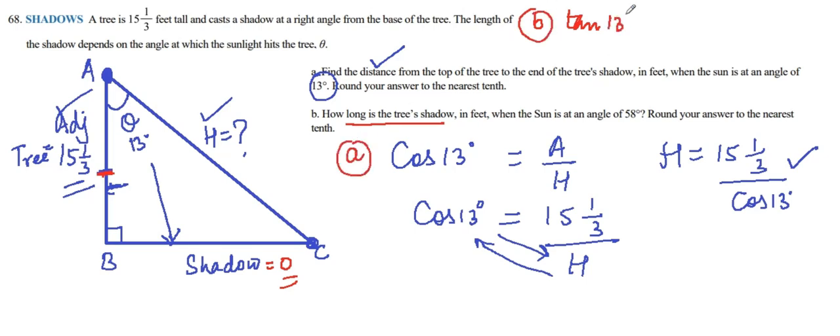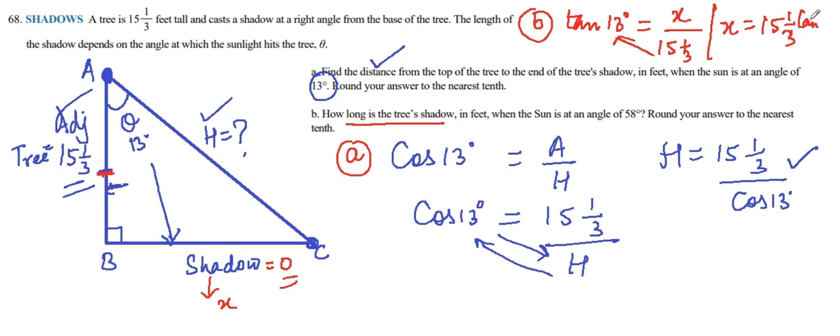Tan 13 degrees is equal to opposite over adjacent. Opposite is the shadow, so the shadow is x. Adjacent is 15 1/3. Cross multiply here. So what are we left with? x is equal to 15 1/3 times tan 13 degrees.